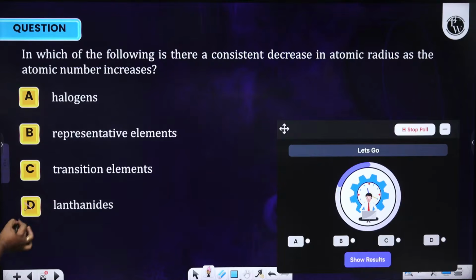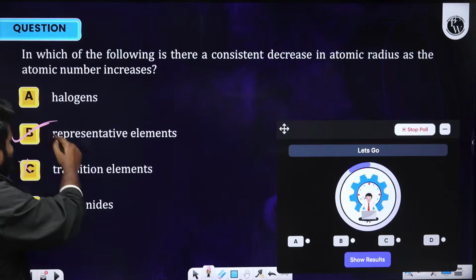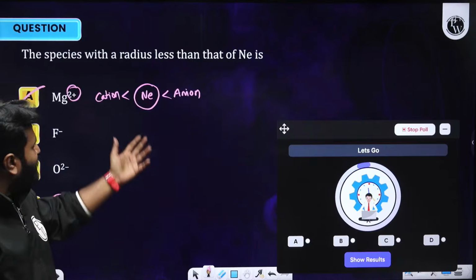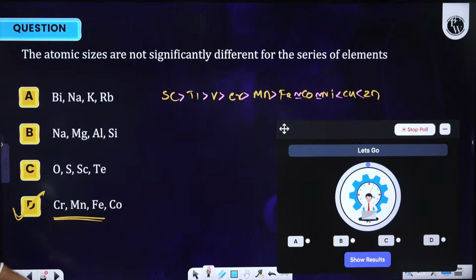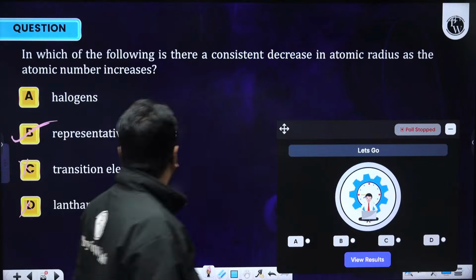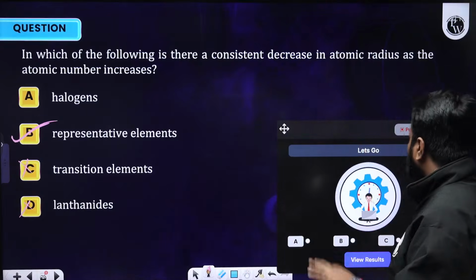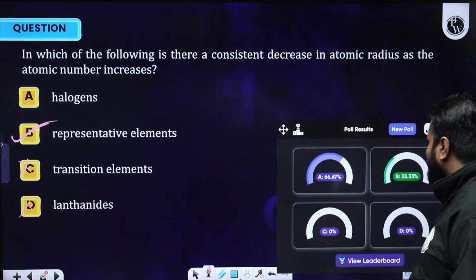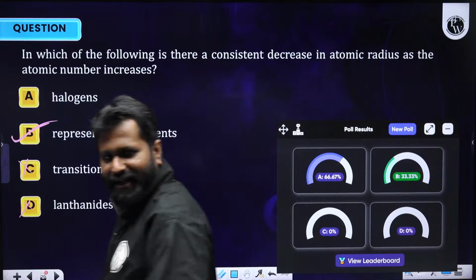Lanthanides and all, definitely not. Transition element, just now I gave the order. Just now I gave the order for transition elements, right? So almost it will be having similar. Representative. Halogen also will come under the category of representative element. Option B is the right answer.